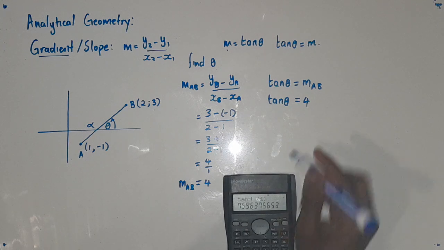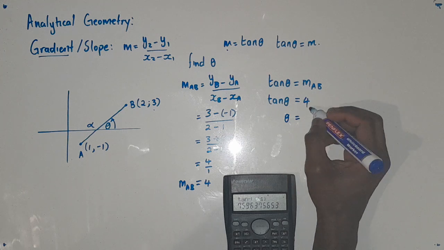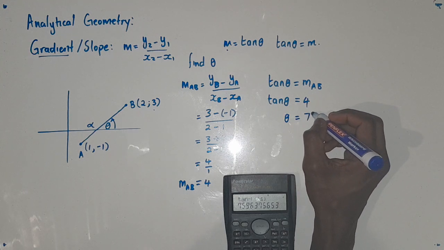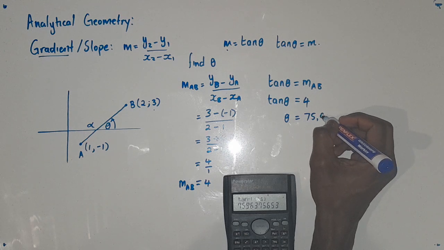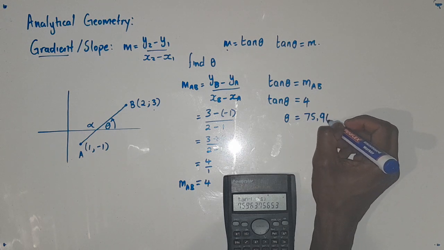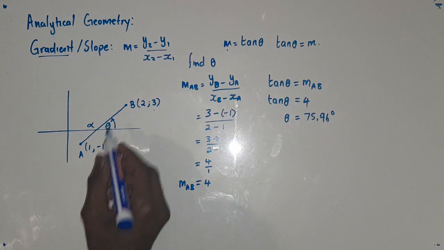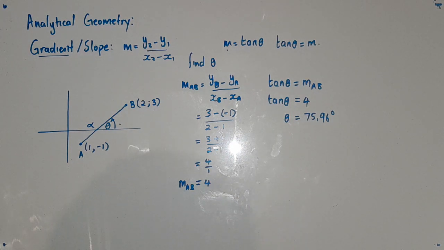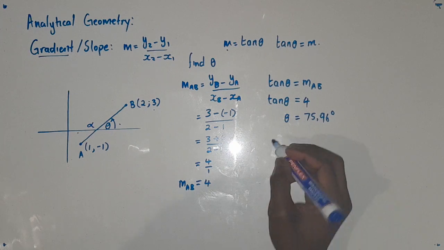Then let us round our answer to 2 decimal places. I get 75.96 degrees, like this. Now we know this value. We can then determine the other one.